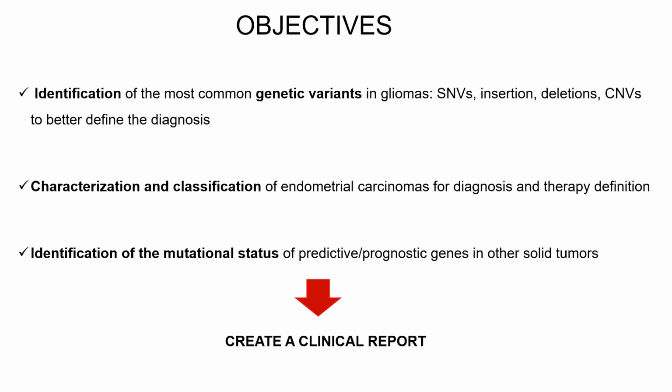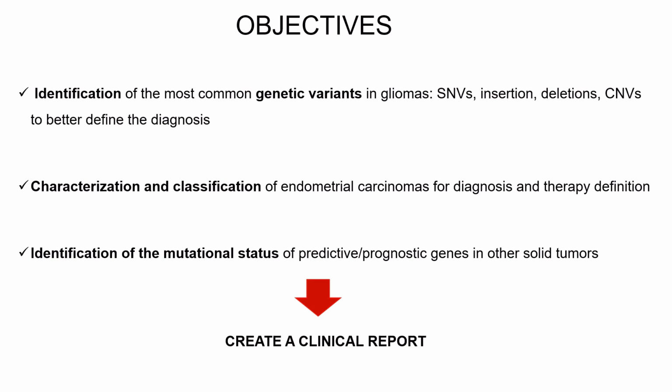Then, the characterization and classification of endometrial carcinoma for diagnosis and therapy definition. We aim to classify endometrial carcinoma based on their molecular profile, focusing on key genes like POLE, TP53, and MMR genes. This classification aims to guide personalized therapy decisions and improve patient outcome.